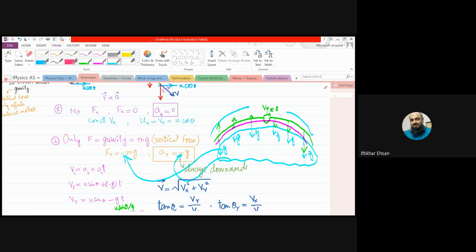Because the force of gravity, mg, weight, and gravitational acceleration are both always towards the center of Earth, downward, right? So the second and most important point in projectile motion: whenever we consider the vertical acceleration, we never use the simple g. We always use g as negative, right?